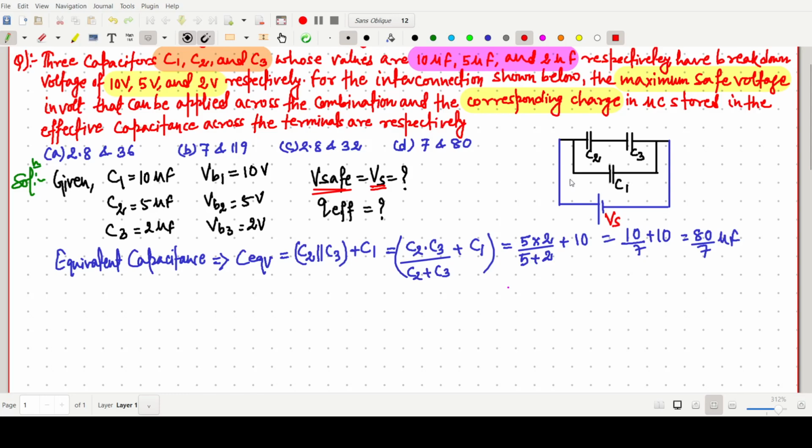This capacitor C1 has voltage Vs, which we have to find.